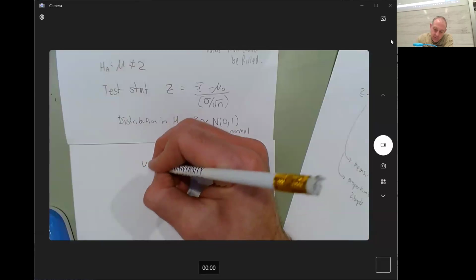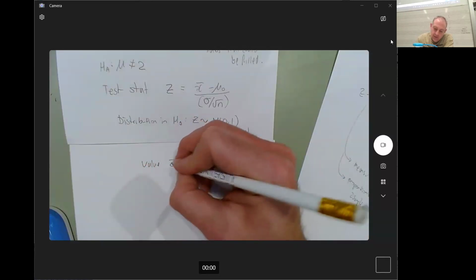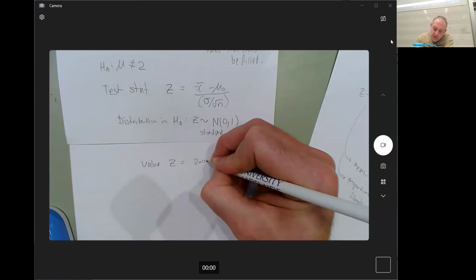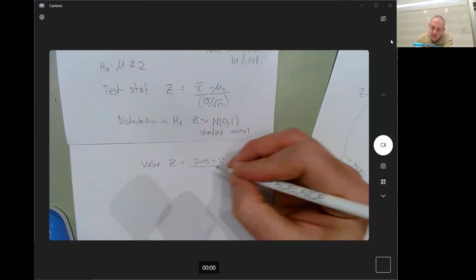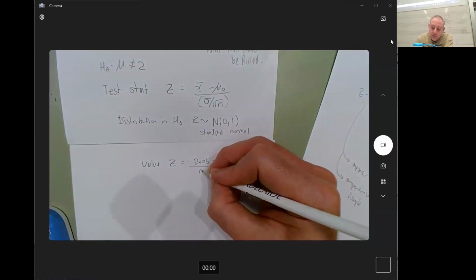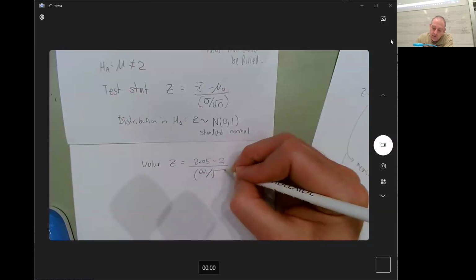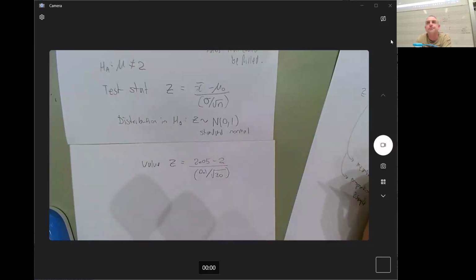So the value is 2.05 minus the 2 from that, divided by the sigma, which was 0.1, divided by the square root of the sample size, which was 30.